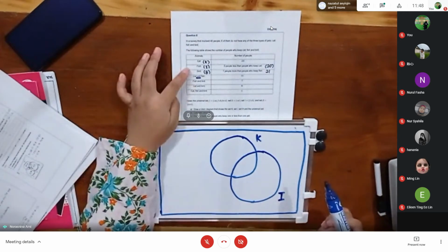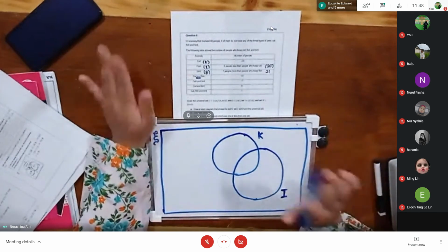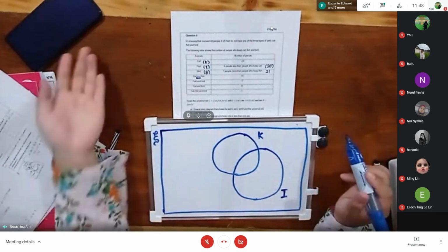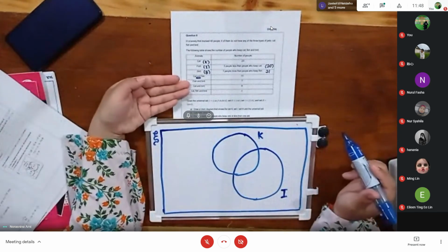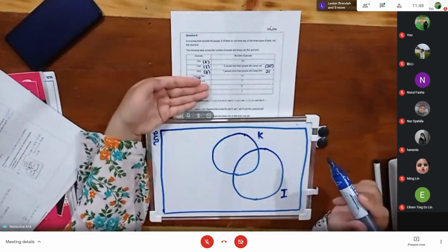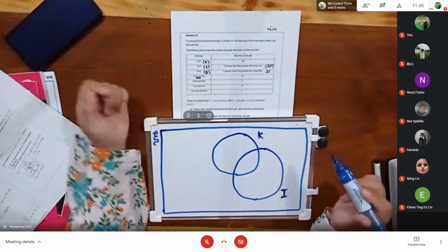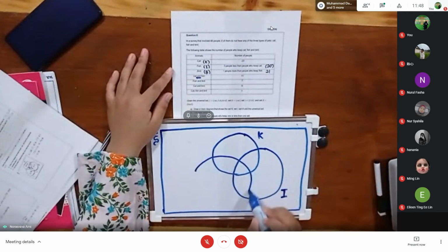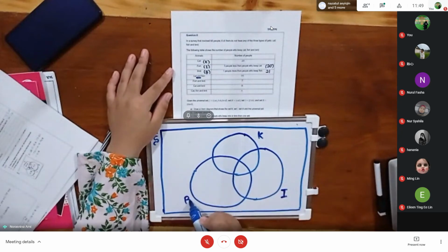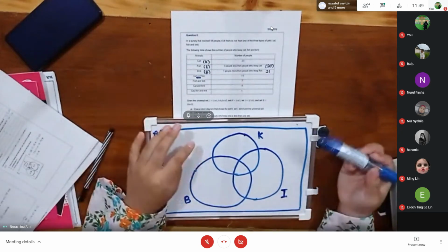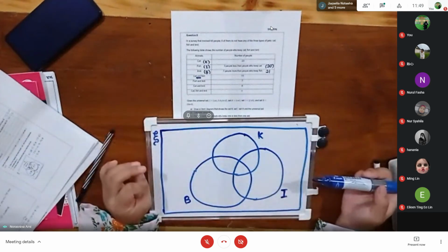Now I want to draw for the bird. First we check if there is any intersection between cat and bird, and is there any intersection between fish and bird. From the table, there is an intersection of fish and bird, and cat and bird too. So we draw it like this. Then we label with B. Now there is intersection between all of these three types of pet.